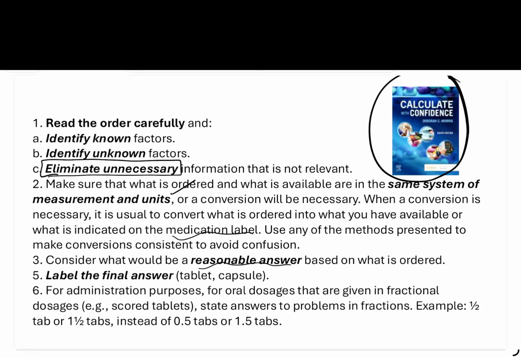Consider reasonable. This is doing our calculation check and then labeling the final answer. So tablet or capsule. And something I want to point out in medicine that's different in chemistry is they don't use significant figures. They're going to be using 1.5 or half instead of 0.5 and 1.5. And that's totally unique to nursing.